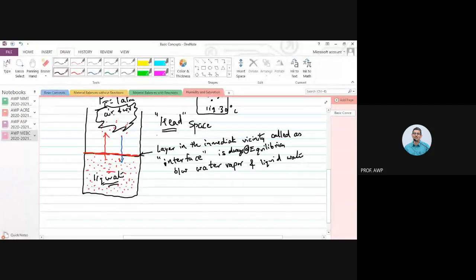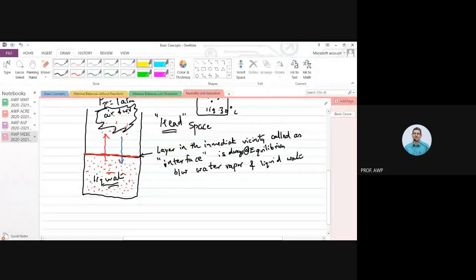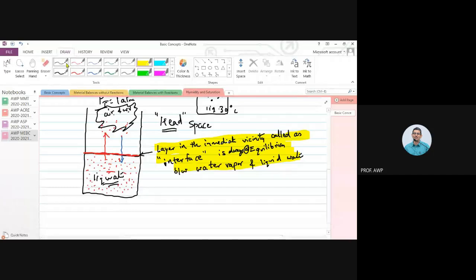Okay. Now this is a very important concept. We are going to use this concept everywhere in all subjects for the rest of our lives. Why? Because that interface layer is in the immediate vicinity of the liquid water, and therefore the rate of vaporization and rate of condensation in that layer have reached equal rates, and therefore that immediate layer is always at equilibrium.